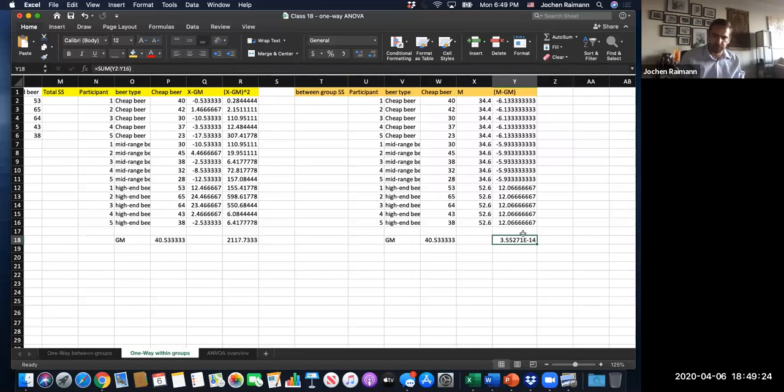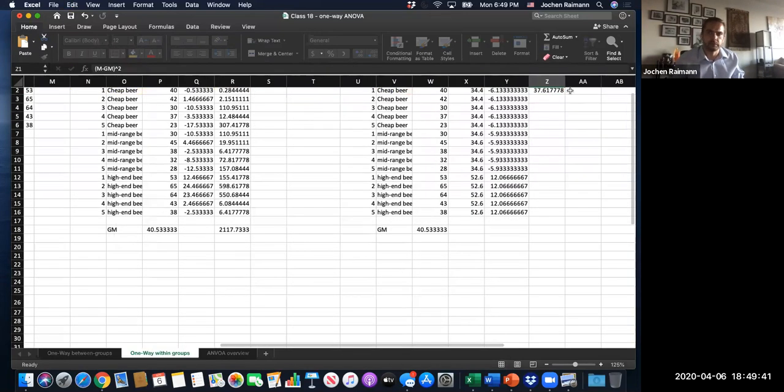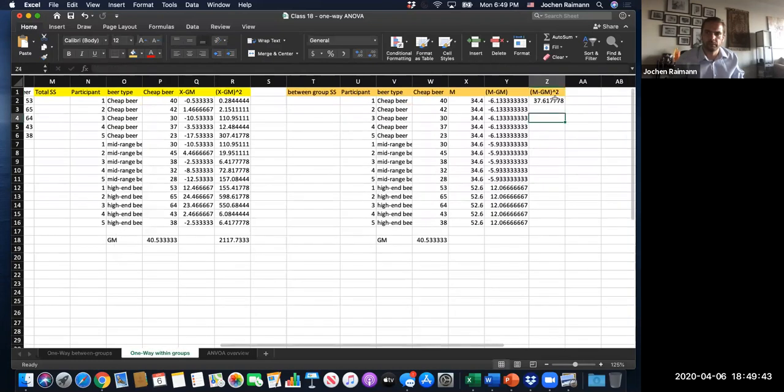And this was, of course, wrong because I need to first square it. So this is a square, but then not this squared. This is a relatively large number, and we're adding this up.